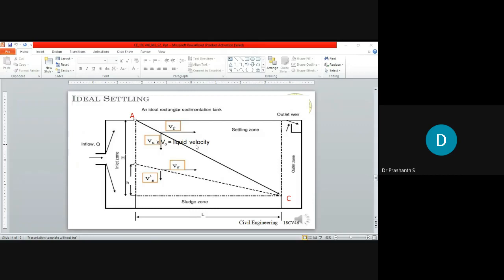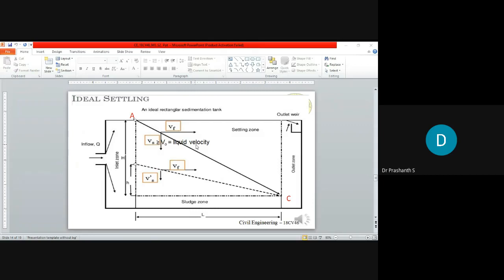So the net resultant will be taken as A to C. Let's assume it is A to C. So it moves in the resultant direction. If it reaches the bottom of the tank before C, then the particles are going to settle down. If it does not hit the bottom, it will go out of the outlet zone. So in rectangular sedimentation tanks also, when the water flows in the horizontal direction, the particle is subjected to horizontal flow velocity and a vertical settling velocity.